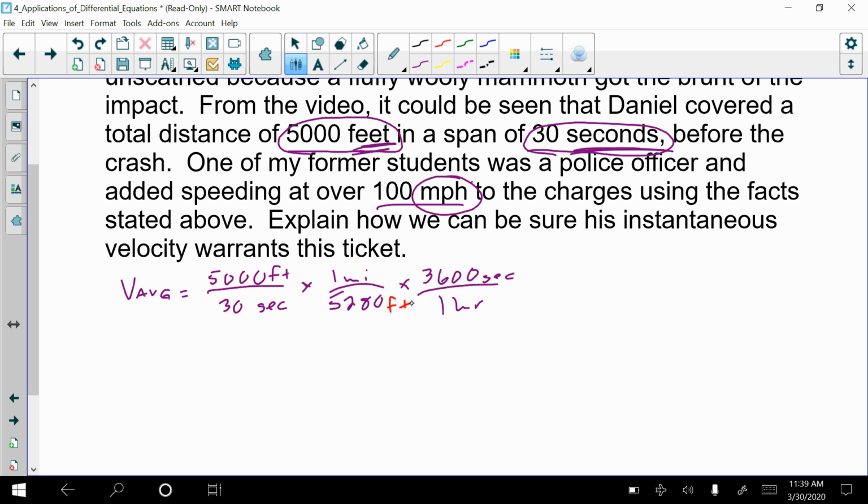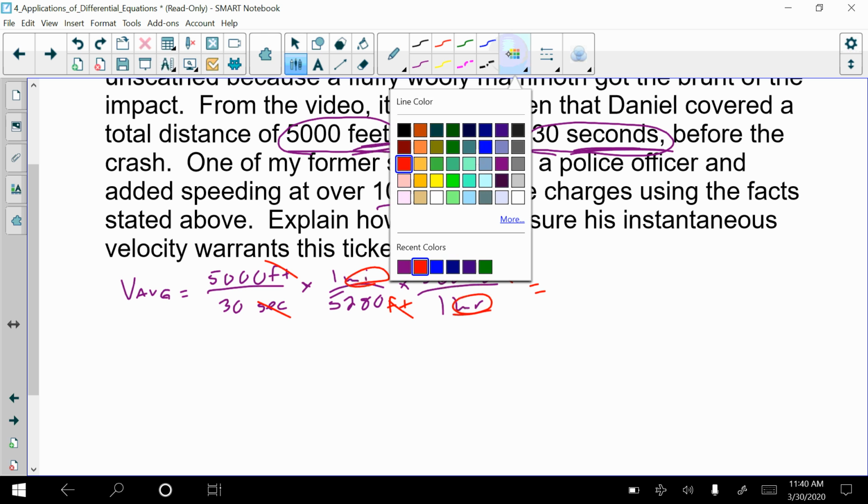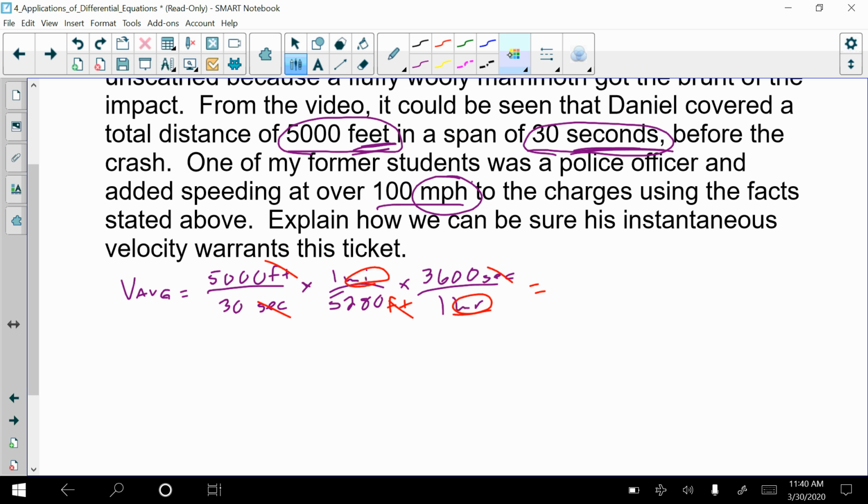So we have seconds and seconds simplifying, feet and feet simplifying, leaving us miles per hour. So that would give us a total of 5,000 times 3,600 divided by 5,280, which will give us approximately 113.636 miles per hour.